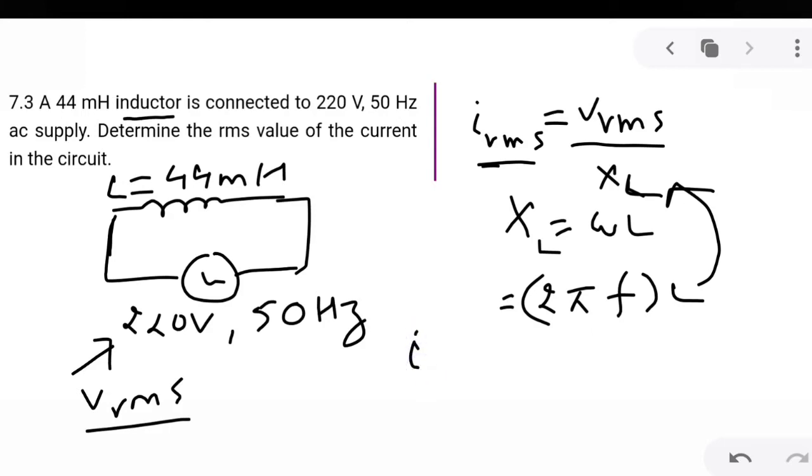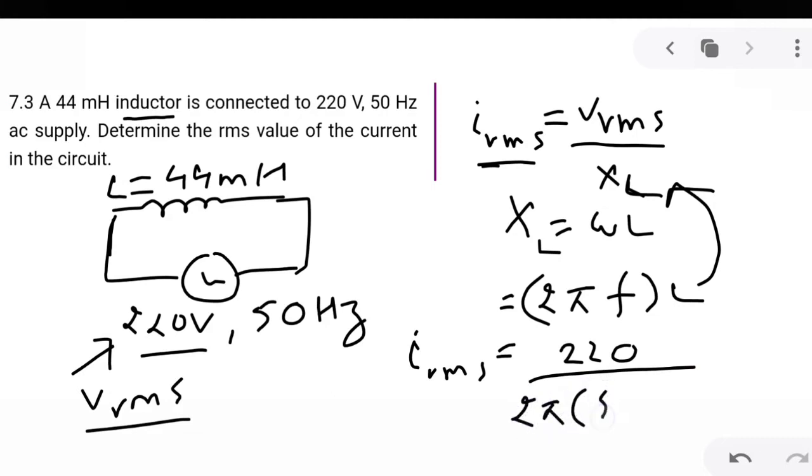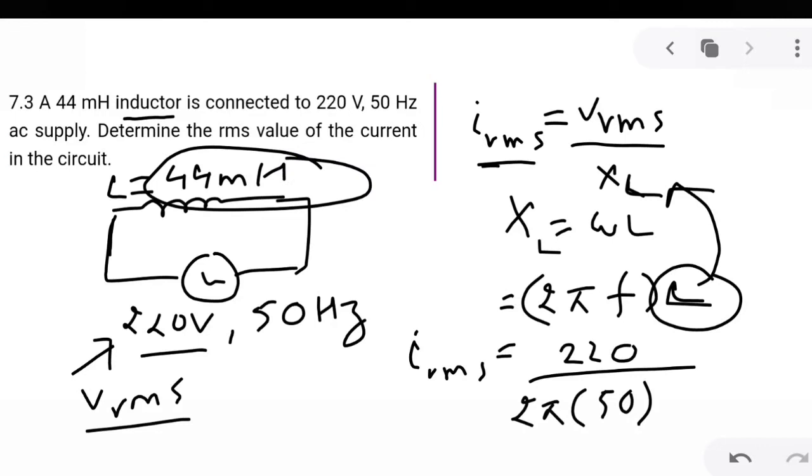If we substitute these values, we get the value of IRMS. IRMS is equal to VRMS, which is 220 volt, divided by 2 pi, frequency is 50 hertz, and the self inductance L is 44 millihenry, so it is 44 into 10 power minus 3.